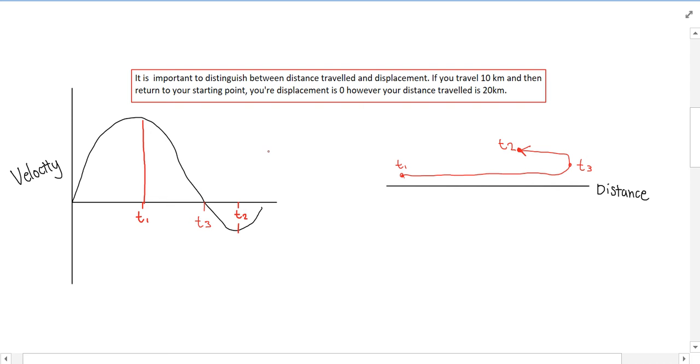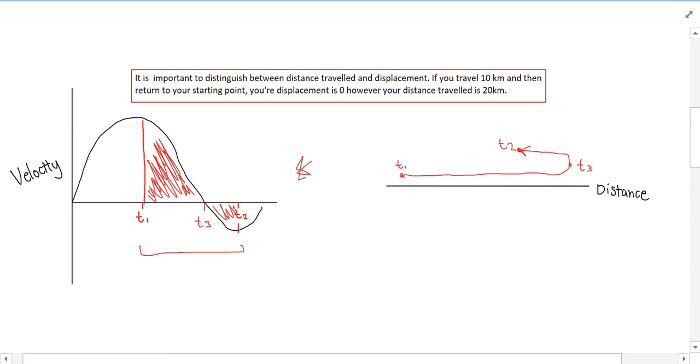Now, what does the difference between the two look like on a graph? Here I have a graph. The displacement would be the area here, from t1 to t2: this area plus the area right here.